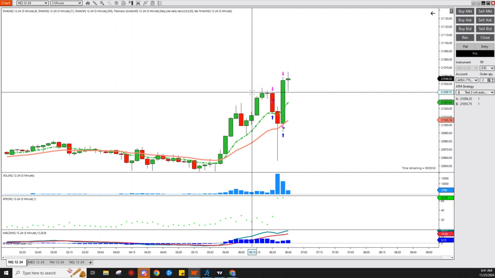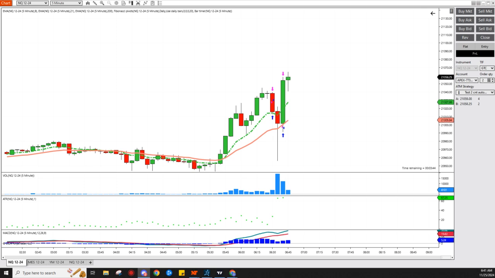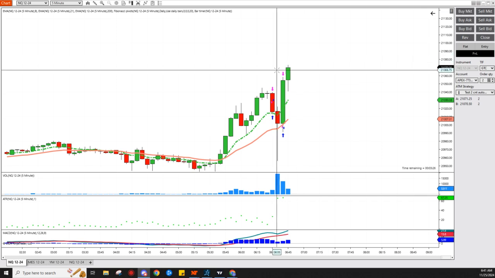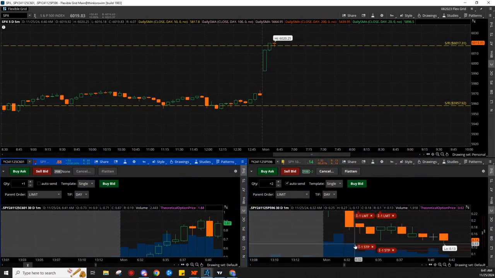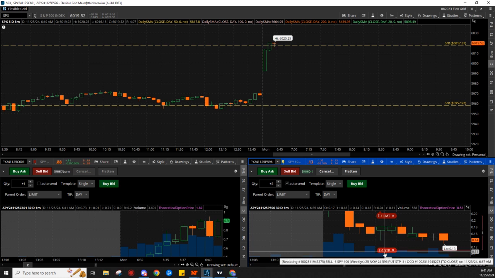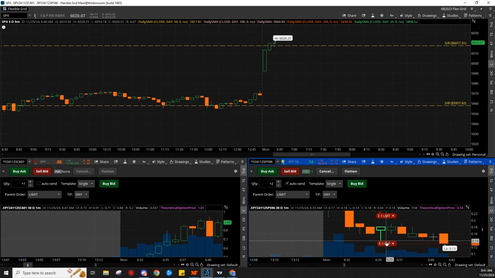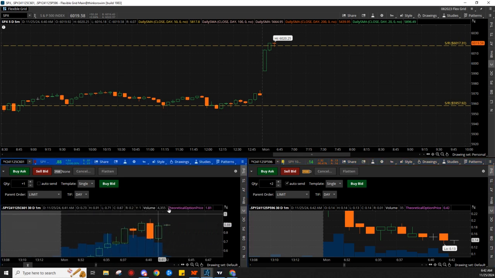Looks like it's holding. Break, look at the beautiful hold.